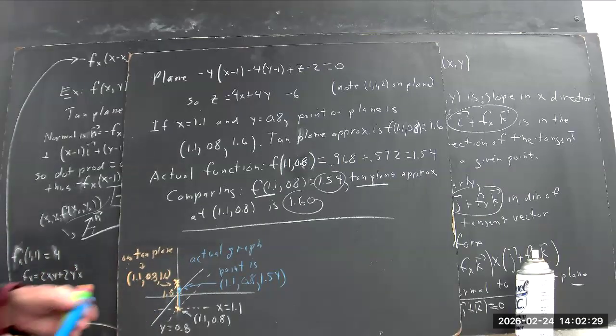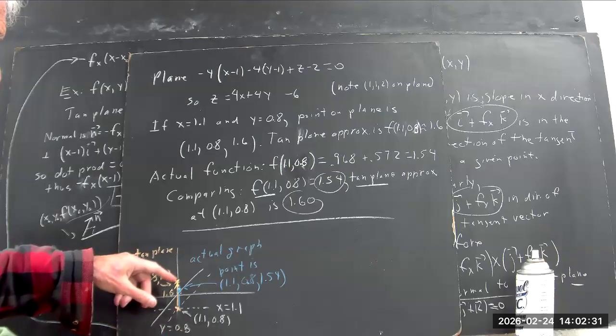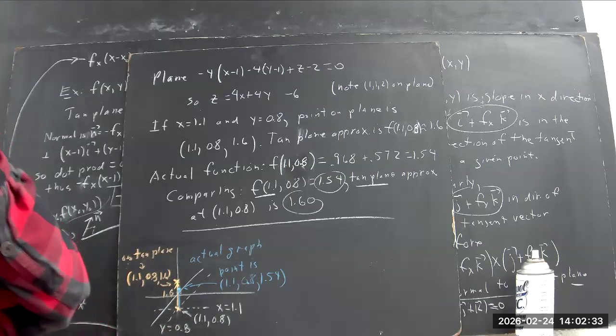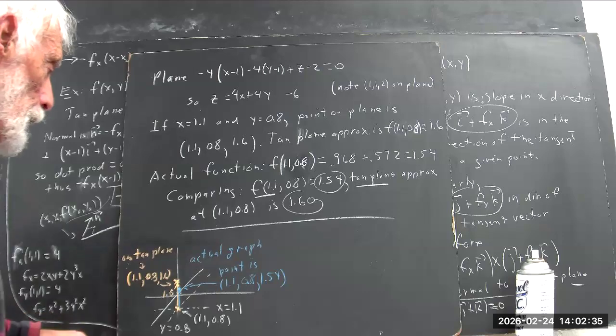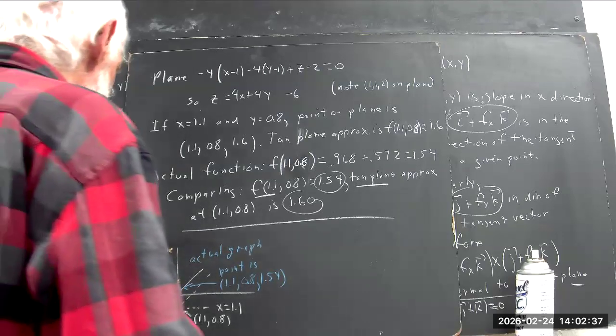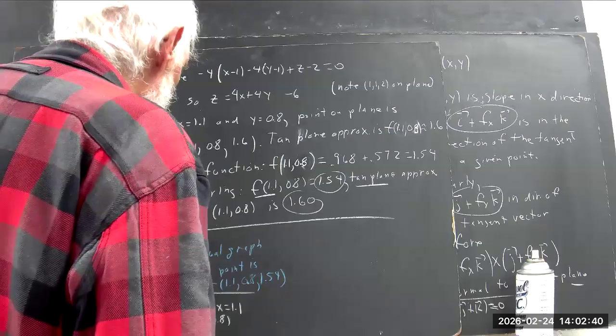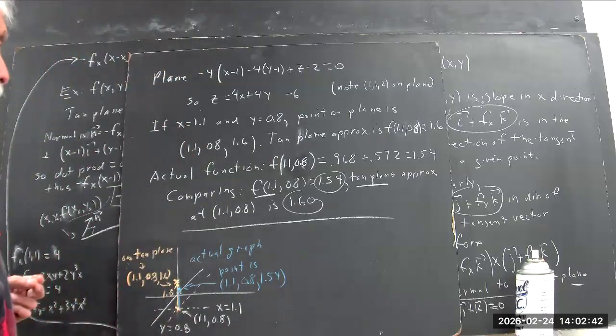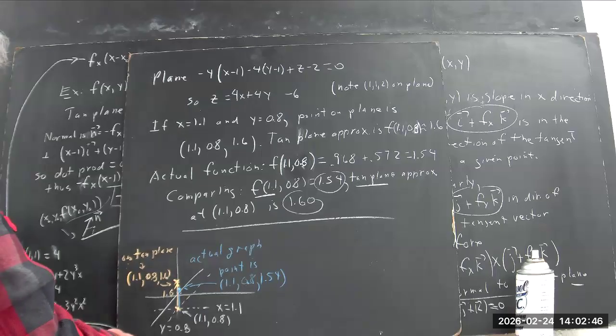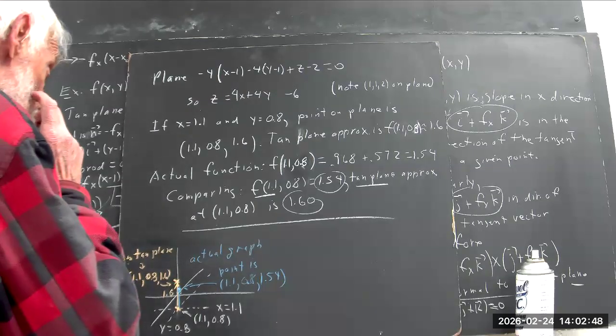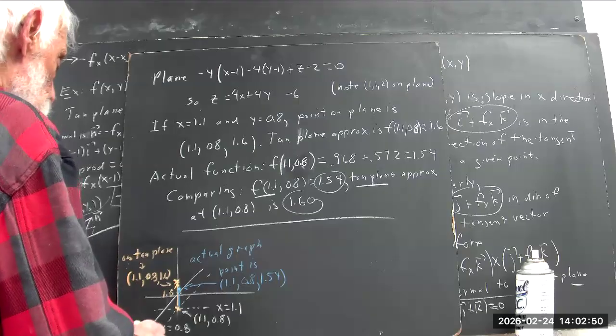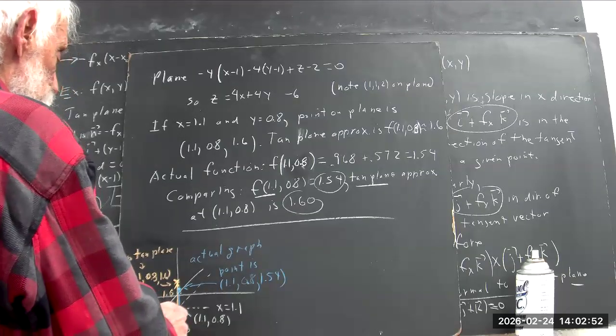And what you're seeing then is, again, the tangent plane's a little bit higher than the actual function. Whereas at the point 1, 1, 2, they're identical.